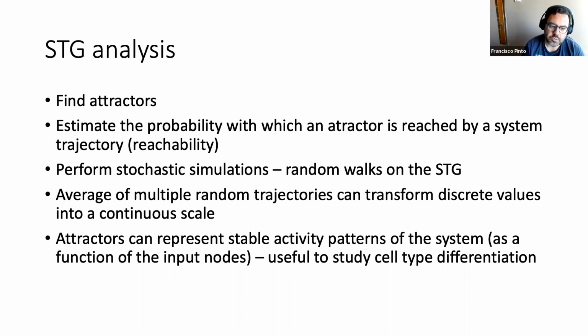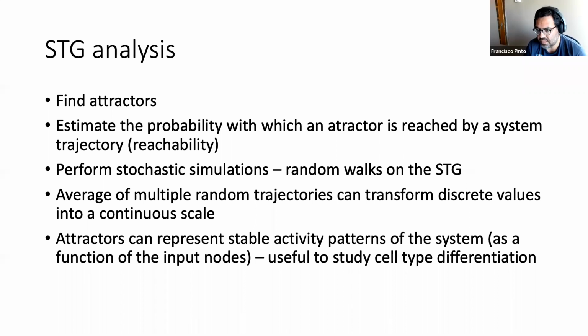You can also perform stochastic simulations on the state transition graph that correspond to random walks on the state transition graph. Instead of working with a continuous time step, you can do these stochastic simulations on the state transition graph, taking into account the time it takes to change from one state to the other.